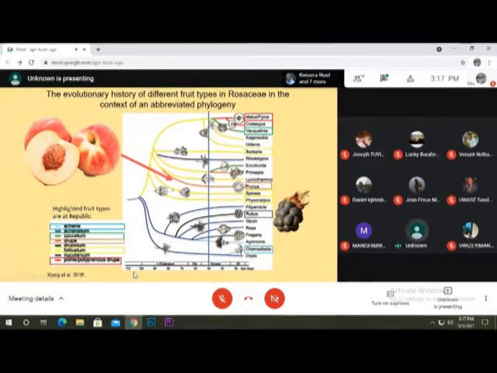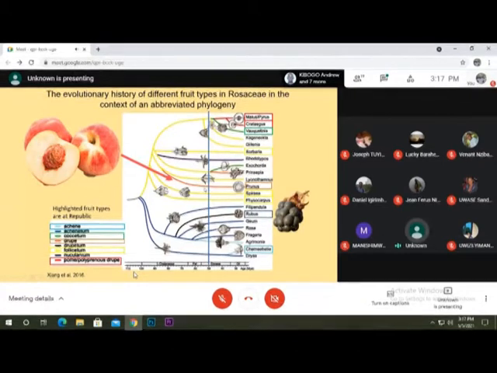So when we go back to the history of some of these fruit types, just by luck, we have the oldest records of these genera of the rose family in the state of Washington where we work, and I'll tell you about that in just a minute. So it's rather interesting. Africa has the history of humankind in its record. We have the history of the rose family and of these fruits.